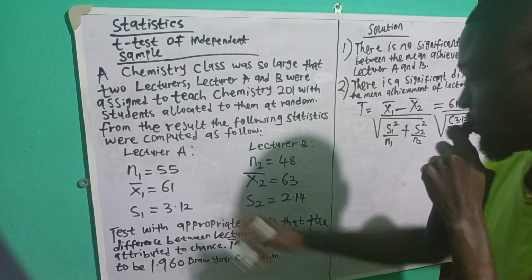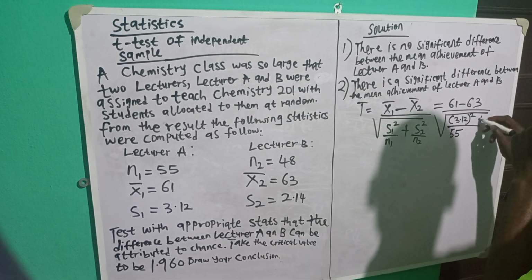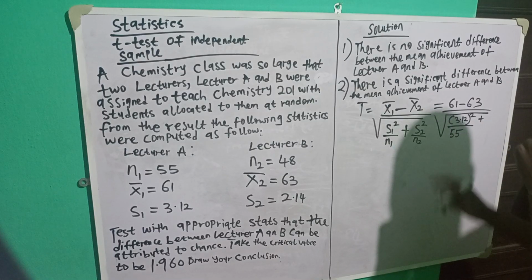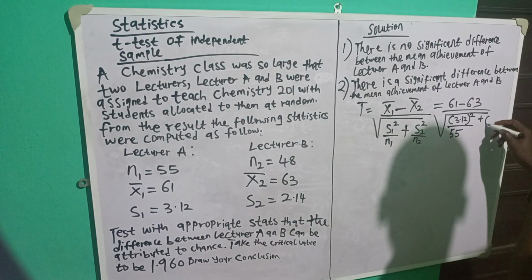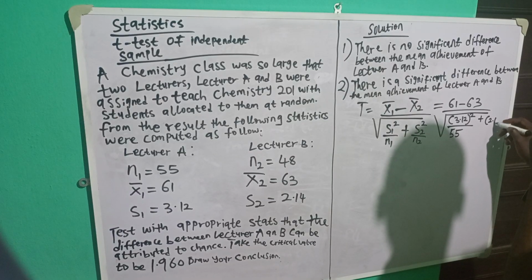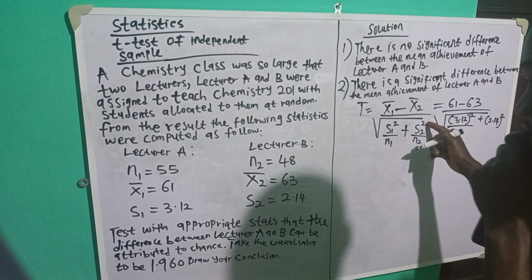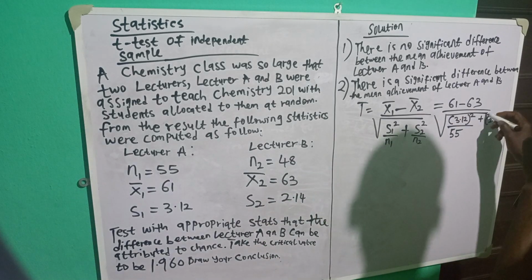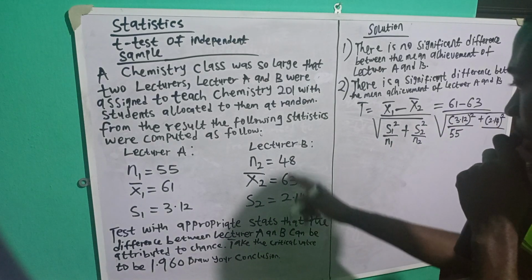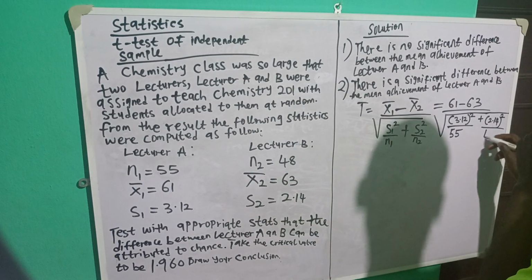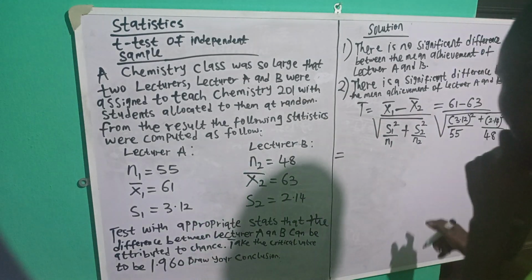N1 is 55. Plus S2. S2 is 2.14, so 2.14 squared over N2. Our N2 is 48.